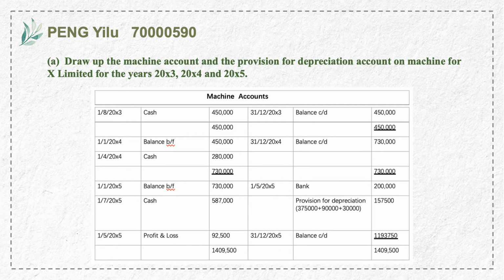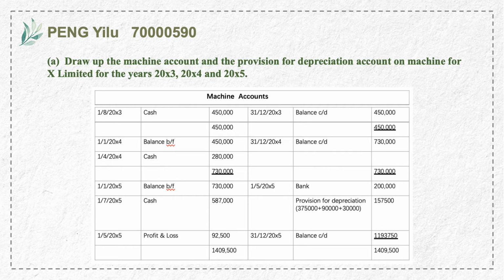And the provision for depreciation of Z104 is $157,500.